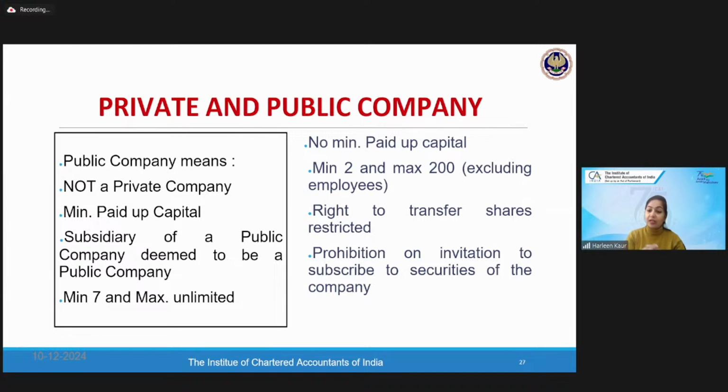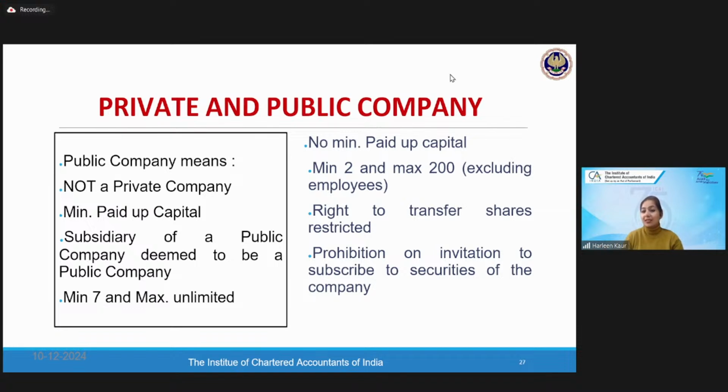We'll be doing that in a while. As of now, just understand that AB Private Limited is my subsidiary company. Now, this AB Private Limited will also be deemed to be a public company because the holding company is a public company. So if any company holding a private company is a public company, then that subsidiary company shall also be deemed to be a public company.